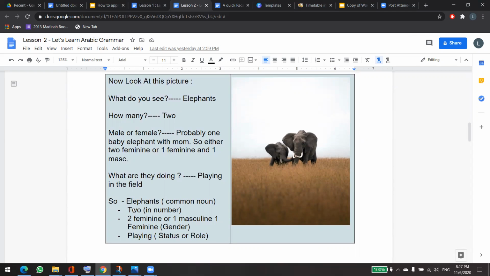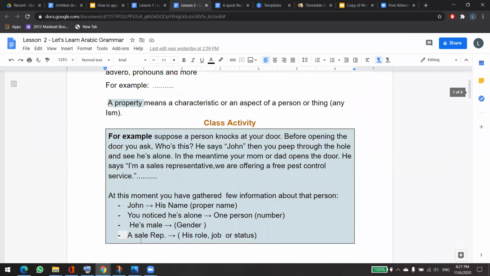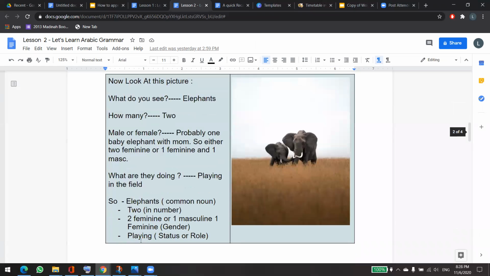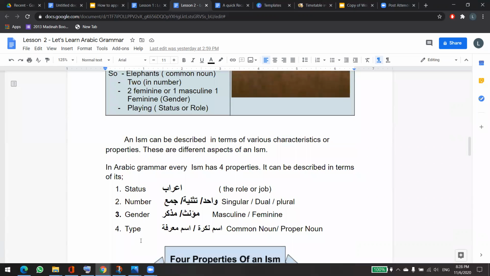And then you see the number of that ism, then the gender of that ism, and then the role or status of that ism. You got it? So in these two examples, we came to know that there can be four details about an ism, or four properties of an ism.